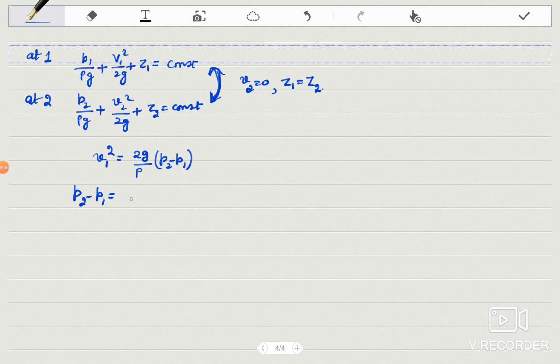Again, this P2 minus P1 will be measured with the help of this column. So it will be sigma, the density of mercury, times gravity and the height of the column.